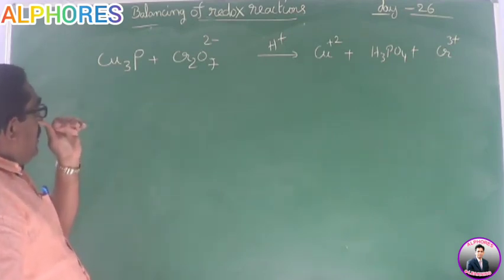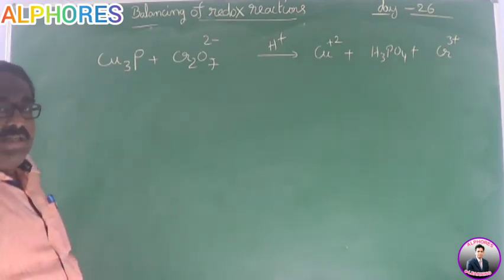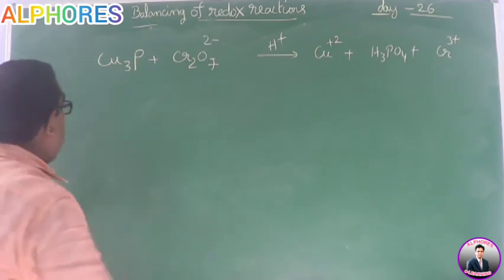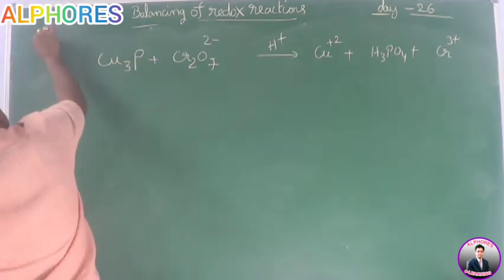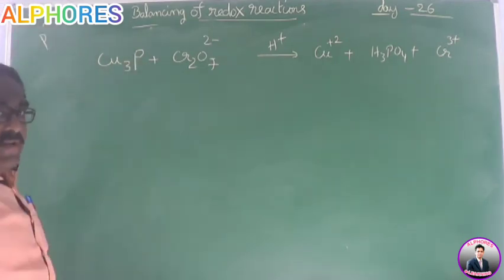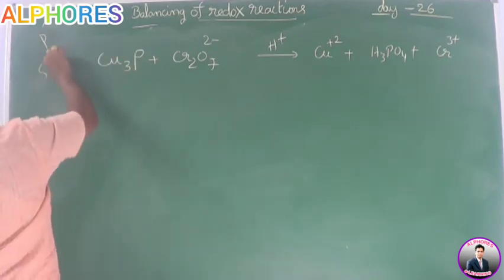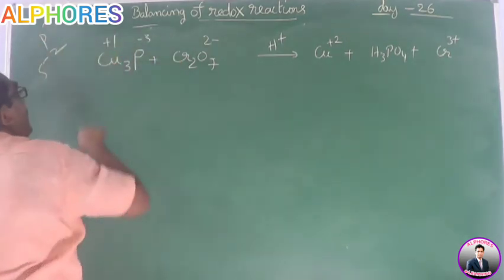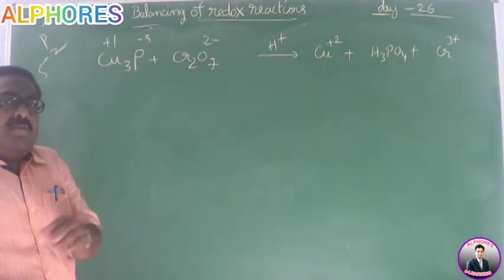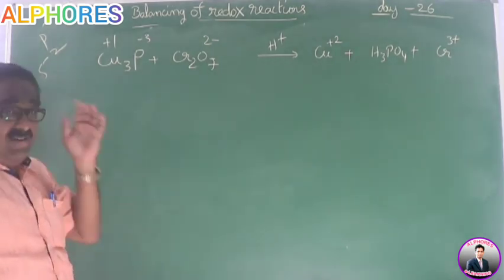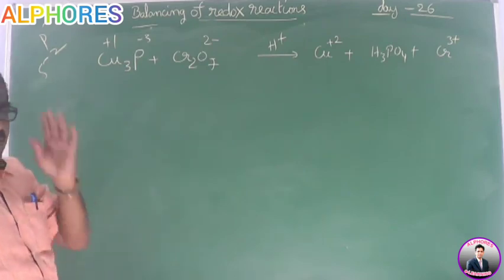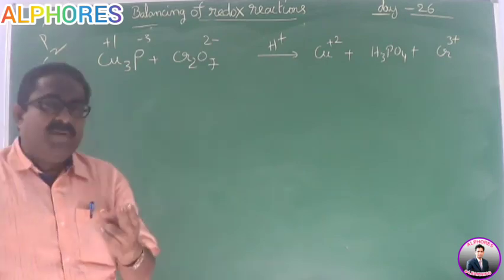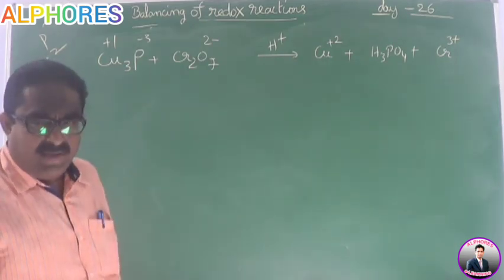Let me calculate first the oxidation states for the elements which have changed. Phosphide, yes, we know, phosphorus minus 3, sulfide minus 2, like that. This is minus 3, copper is plus 1. Or you may get a doubt: sir, you wrote phosphide immediately. For logic also you can write. Copper exhibits only two types of oxidation state, plus 1 and plus 2.